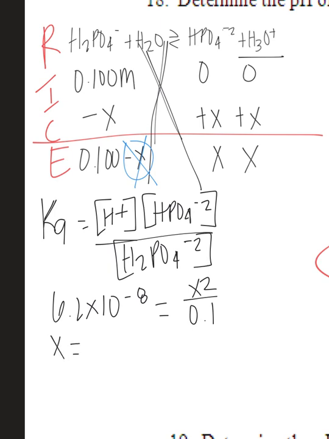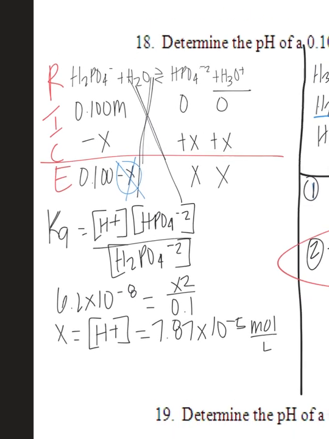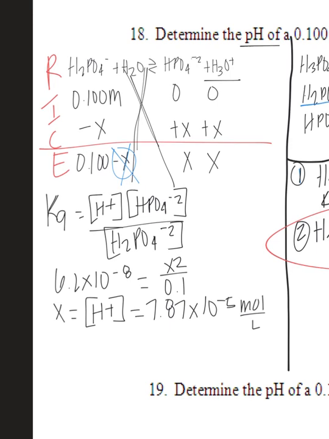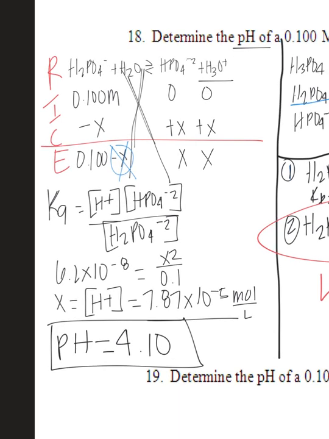So X, which is my hydrogen ion concentration, ends up being 7.87 times 10 to the negative 5th moles per liter. This problem did ask for the pH. Okay, so I'll do the negative log of my hydrogen ion concentration, and I'll get a pH of 4.1, which makes sense because it is an acidic solution.